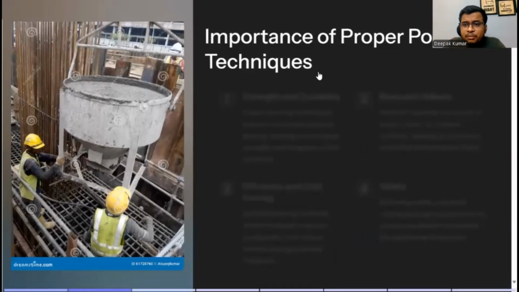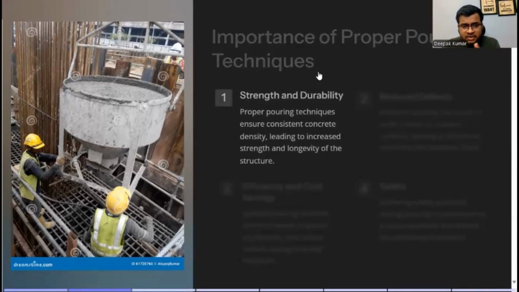Now, what is the importance of proper pouring techniques? The first one is strength and durability. When we use proper pouring techniques on a construction site, the strength and durability of the structure will increase, and buildings such as commercial buildings and apartments will be strong.